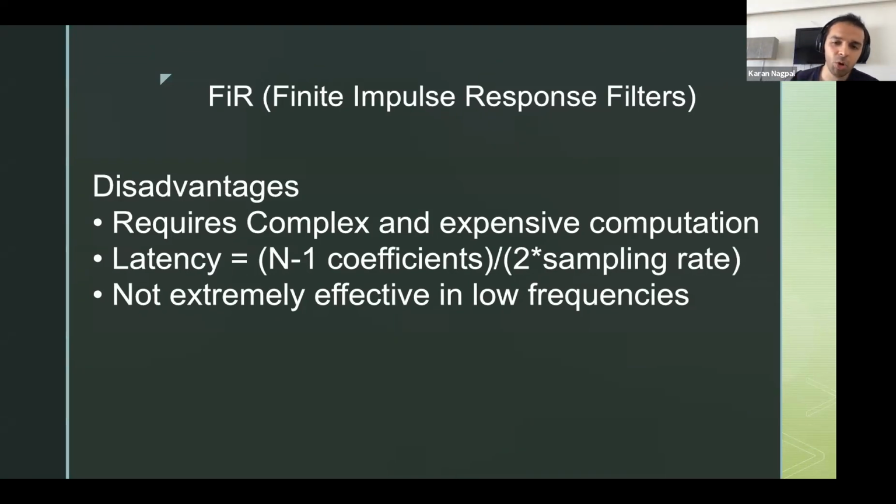It's computationally much harder, so the hardware is a lot more expensive. Latency: if you look at the formula, it's n-1 coefficients divided by twice the sampling rate. So if it's 1024 coefficients, it's 1023 divided by 2 times 96 kilohertz, which comes to 5 to 10 milliseconds, depending on how many coefficients it takes.